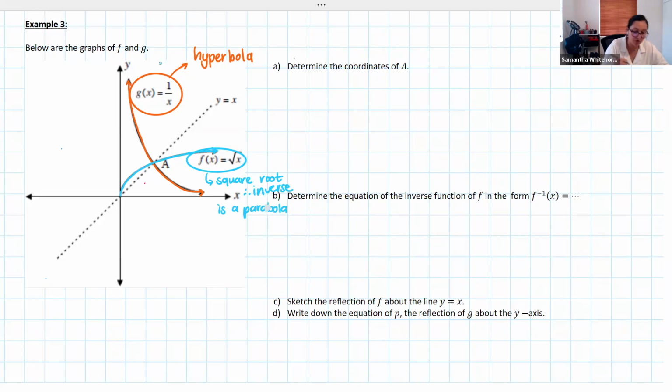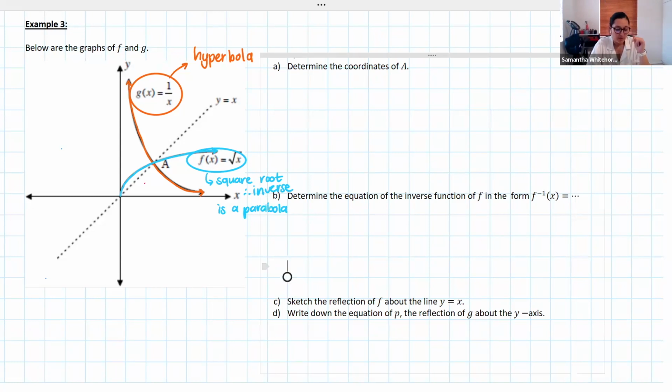Because remember, inverses go both ways. I could give you a square root, and to then get its inverse, we would have a parabola. I could give you a parabola, and then to find the inverse, it would be a square root. So inverses go both ways. Just because I've given you a square root as the original doesn't mean you can't then go find the inverse. The inverse just happens to be a parabola.